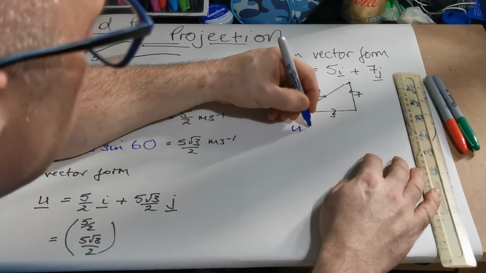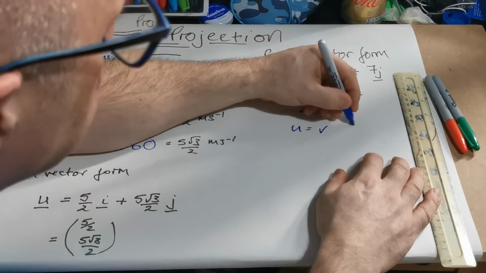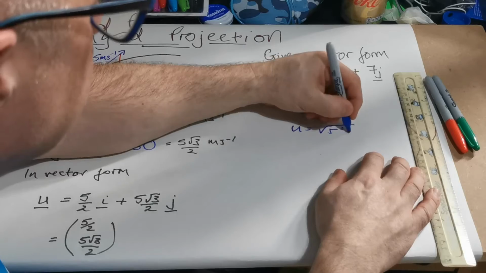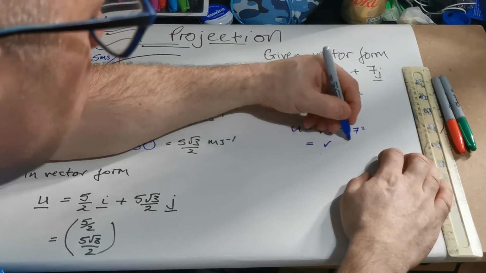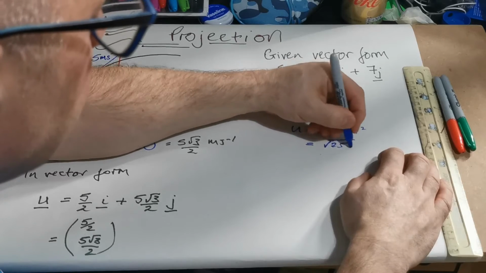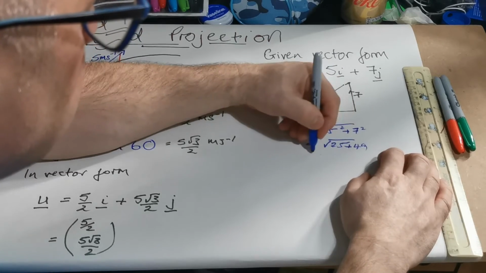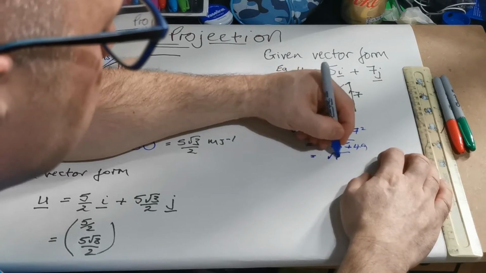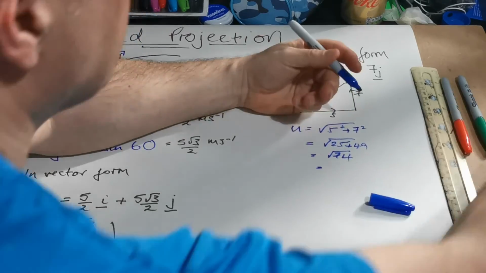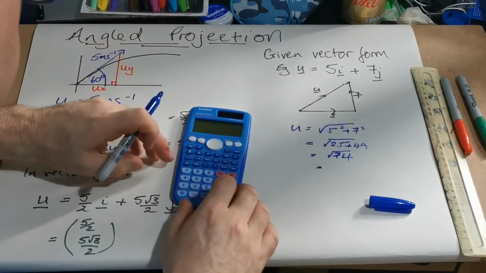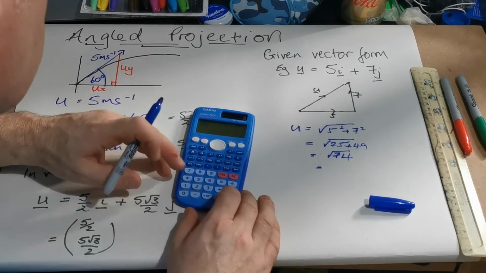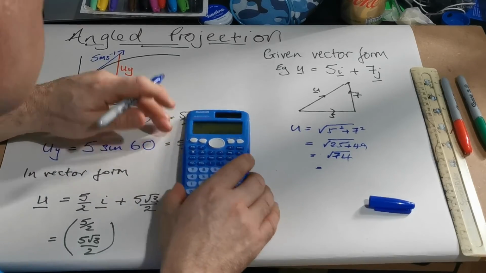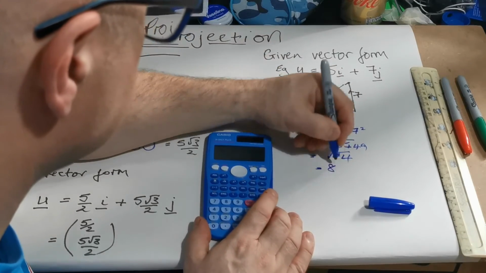So u would be equal to, utilising Pythagoras, the square root of 5 squared plus 7 squared, which would be the square root of 25 plus 49, which is the square root of 74, which is 8.60.